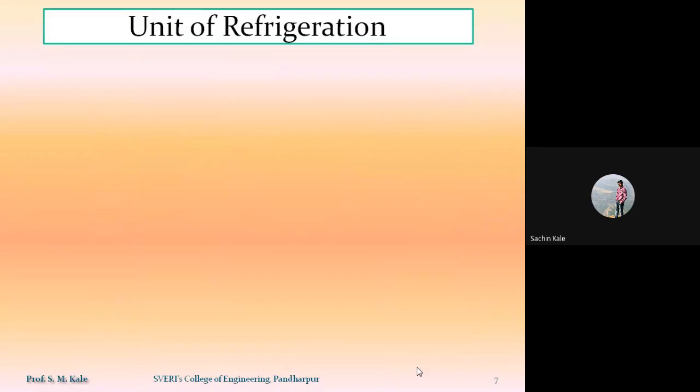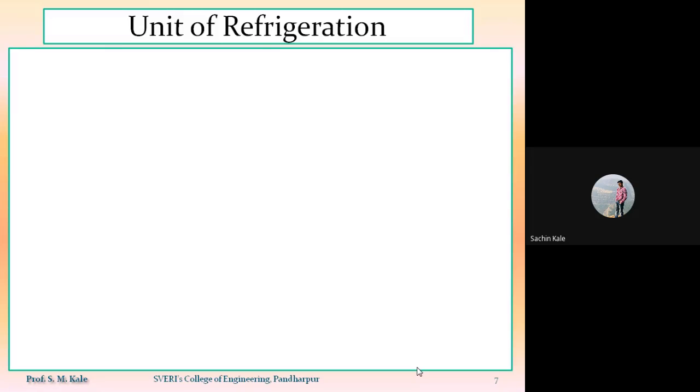So, in the last lecture, we have seen what is meant by refrigeration, and after that we have seen what is the unit of refrigeration. Because refrigeration is one type of physical quantity, and to measure it we should have its unit, and we have defined the unit of refrigeration.